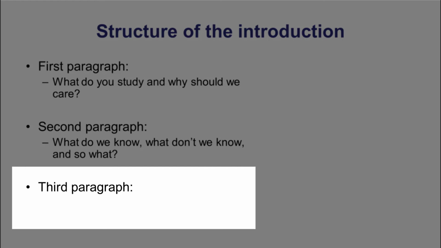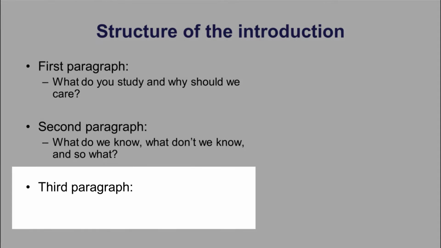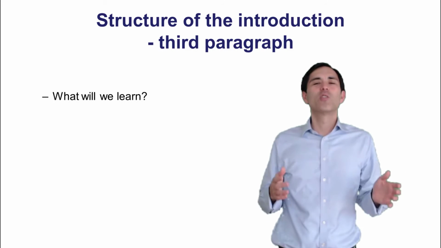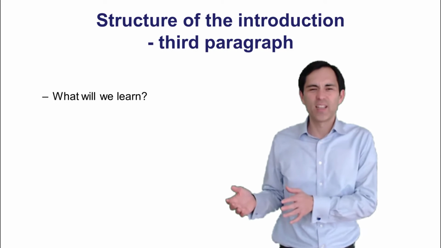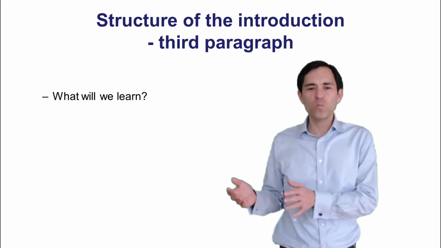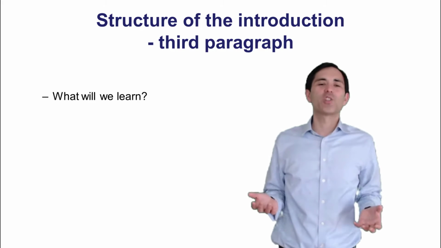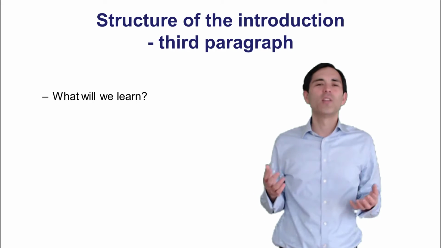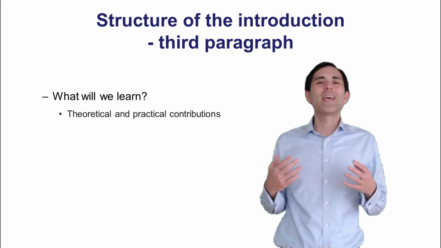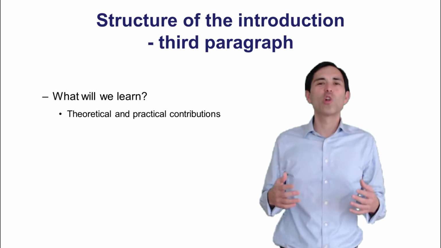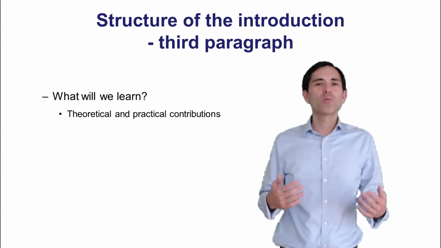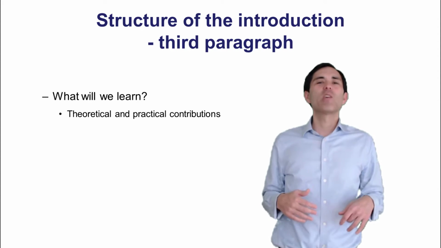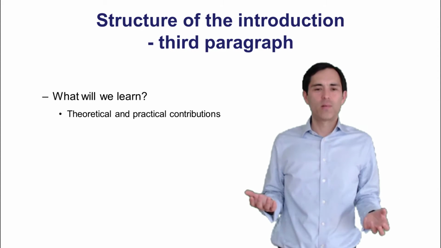Then we have the third paragraph. The third paragraph is about what we learn from your study. In this section, I recommend you to write about potential or expected contribution. In a research paper, we are mostly interested in theoretical contributions.